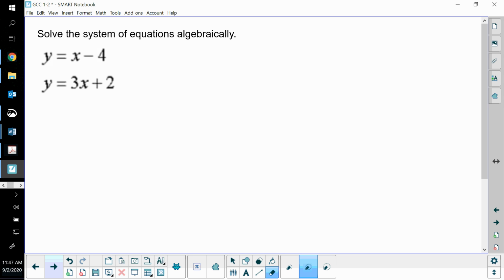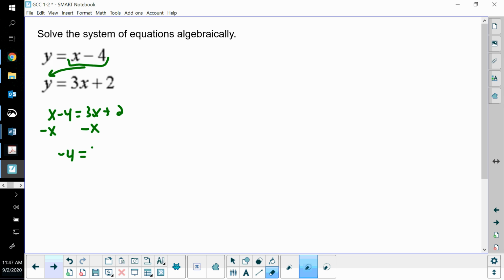All right, this is the bottom of page 4 now. So these ones, there's already a variable by itself in both equations. So this might be quickest to just do substitution. Let's sub the x minus 4 in place of y. We can subtract the x over.